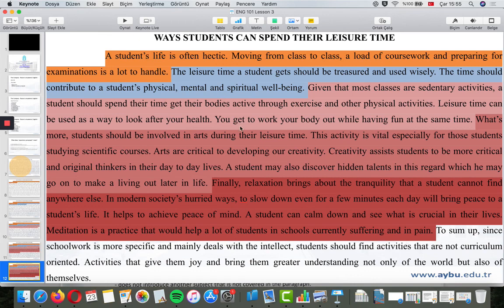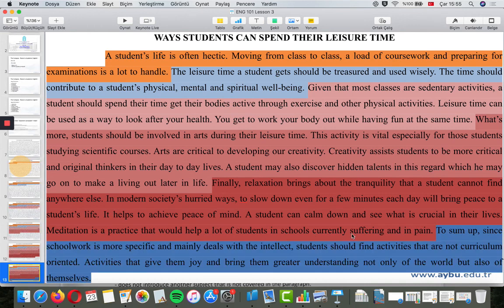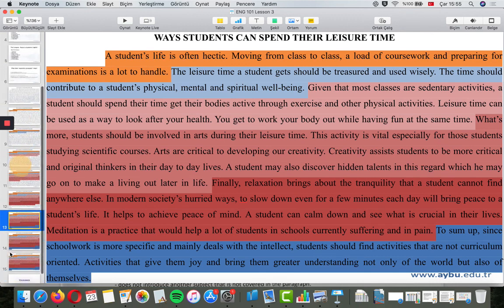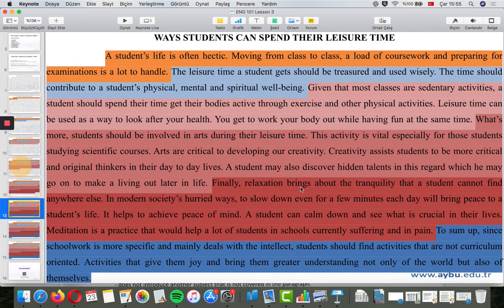As you can see, 1, 2, 3 supporting parts are given in the paragraph. It helps to achieve a peace of mind, see what is crucial in their minds, and so on. And then at the end, it says, to sum up.